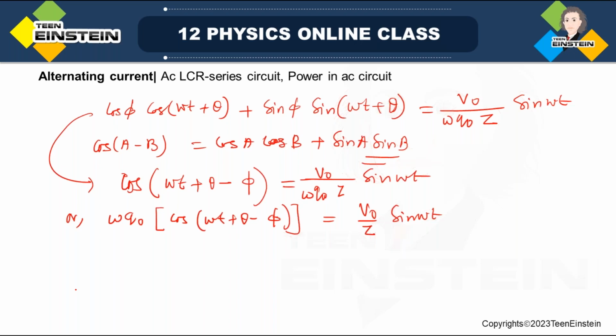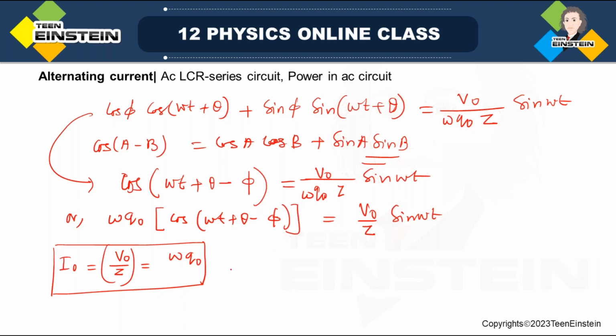If I compare these two, I get V0 by Z is equal to omega Q0. This has the dimension of current, so I can write this as I0. So I0 is Q0 omega. We have got the magnitude of the current.